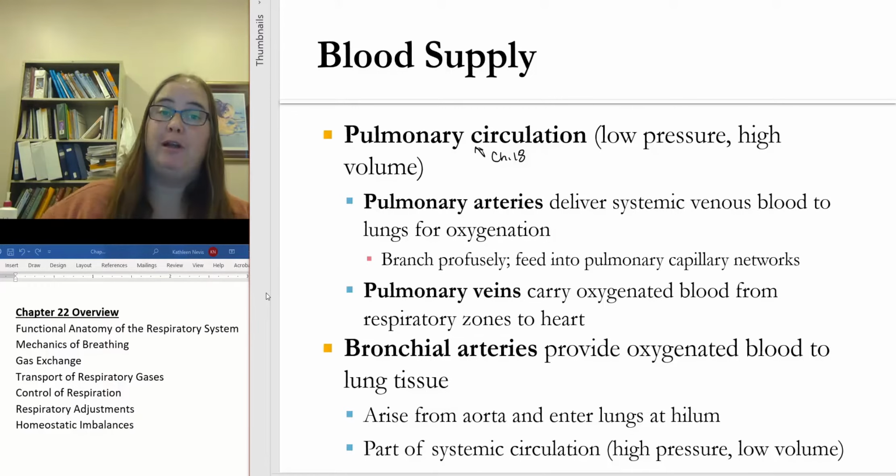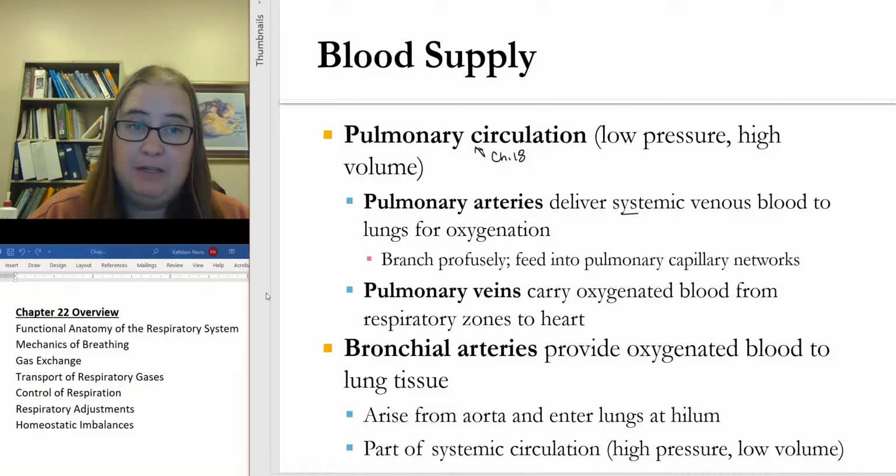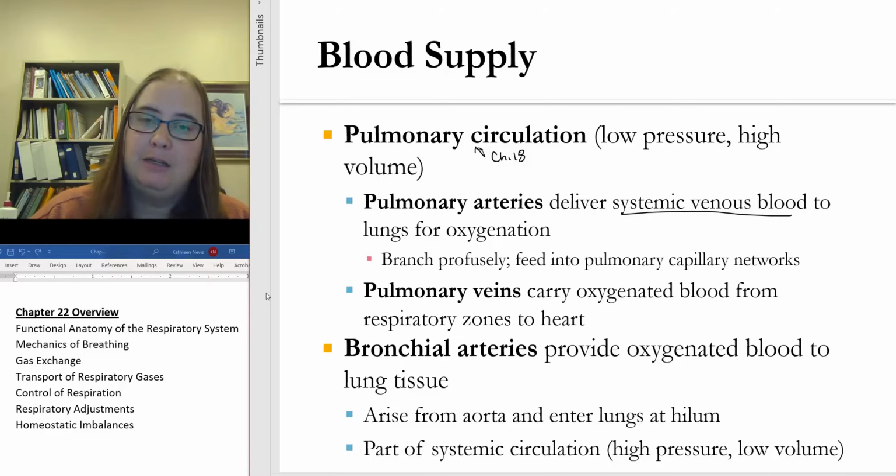So the pulmonary arteries deliver systemic venous blood to the lungs for oxygenation, and the pulmonary veins take the blood back to the left side of the heart, where it's going to be sent out to the body.